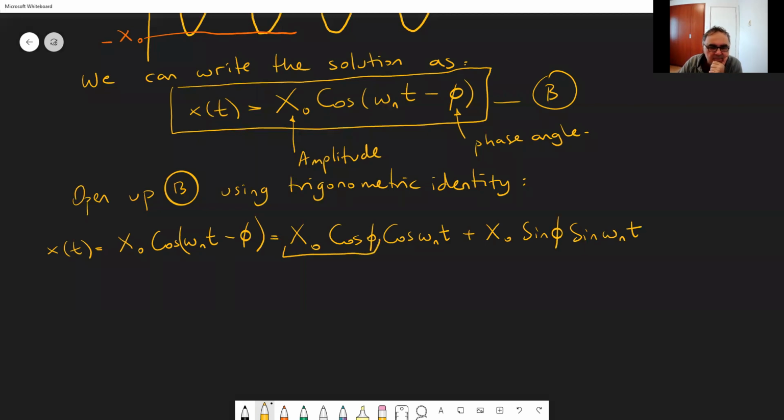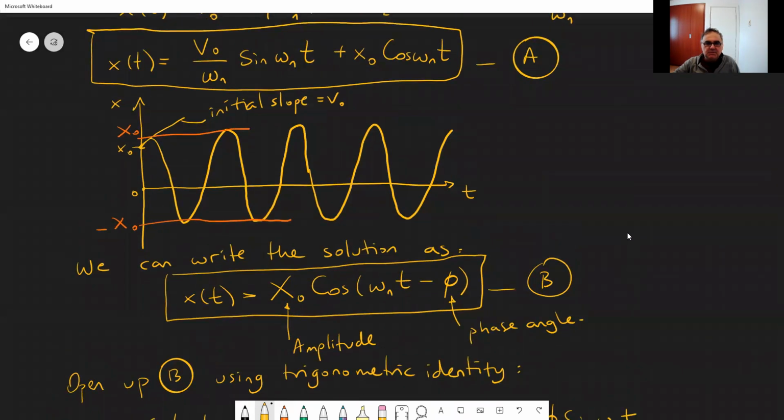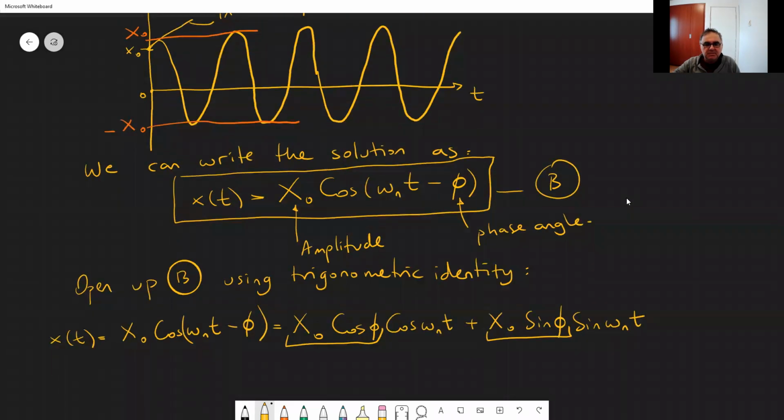Well, look at this. This is a cosine, and a sine added up together with certain coefficients. Well, what would those coefficients be? If you look at the A equation, this can be, for example, small case x0, and this can be V0 over omega n.